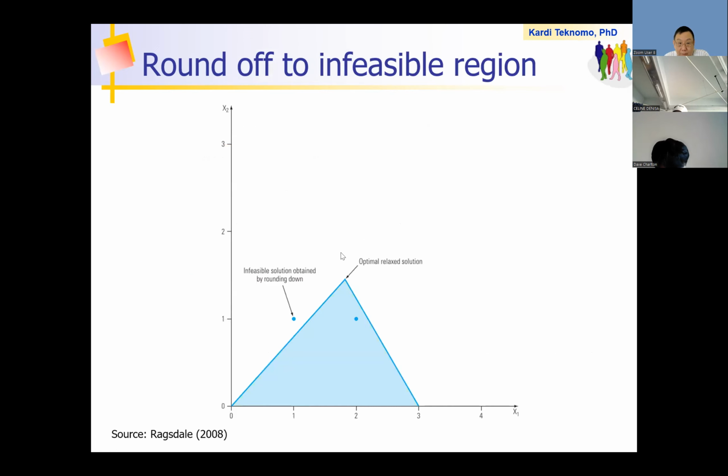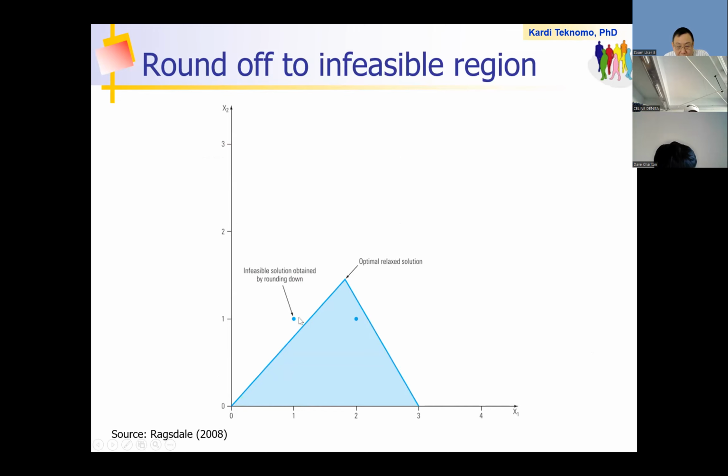So this is an example. If you do this LP relaxation and then you round off, it will go out of the feasible region if you round down. So the actual solution is this one, 2, 1.